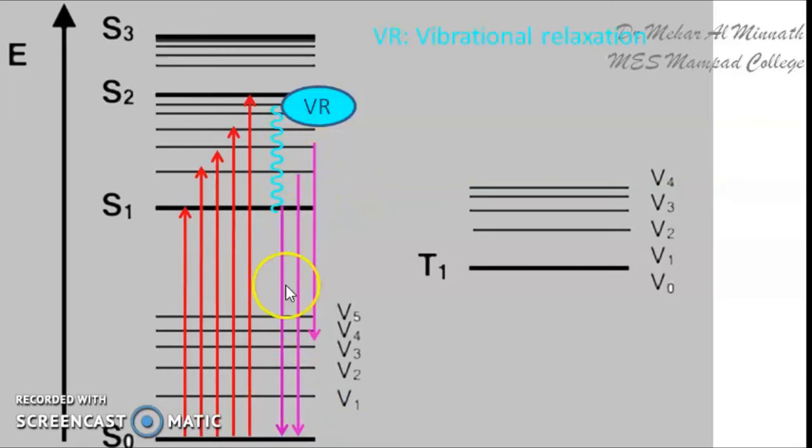Now this particular relaxation mode will involve emission of radiation. That is, there will be emission of energy in the form of radiation. Now that energy will be less than the energy absorbed. And this particular phenomenon wherein the energy or radiation is emitted when electrons or molecules come down to the ground state from higher excited state, higher electronic state, is called fluorescence.